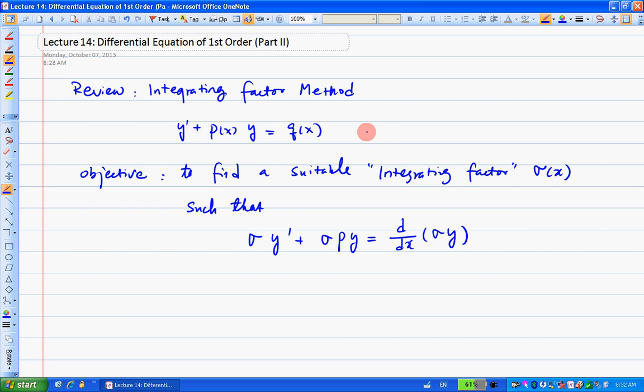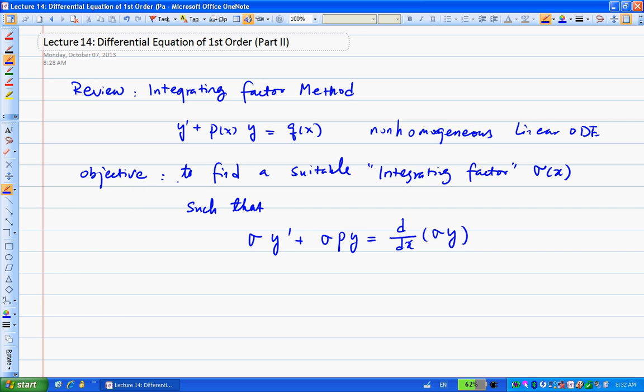Okay, so this is non-homogeneous, and this is a linear ODE, because if you compare this one to the standard format, it's linear.